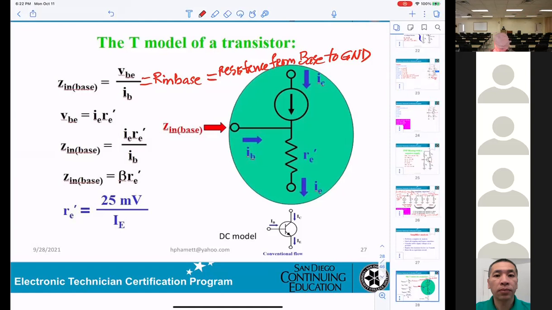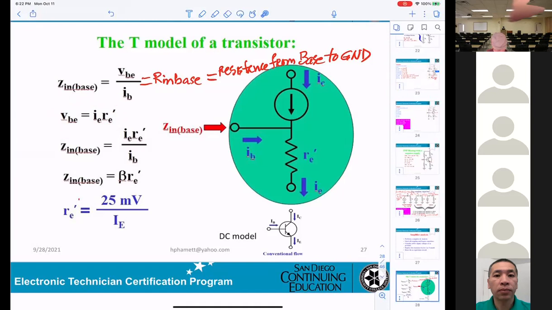And now VBE, okay? What is the VBE? Right here. You know that it's a voltage. Voltage from where to where? Base to emitter.